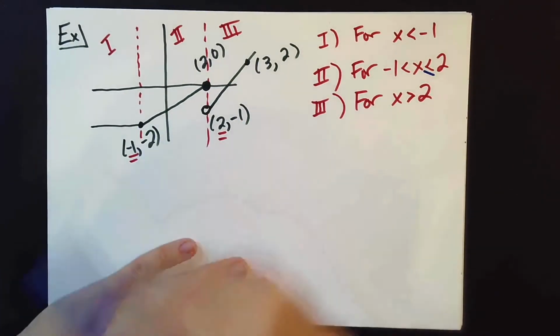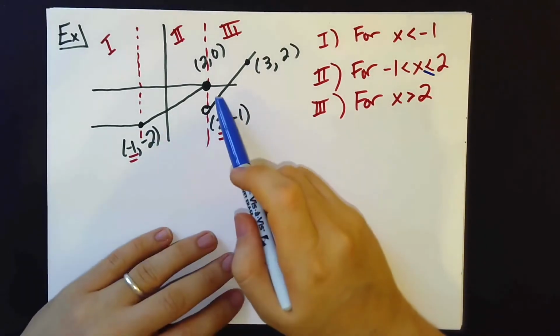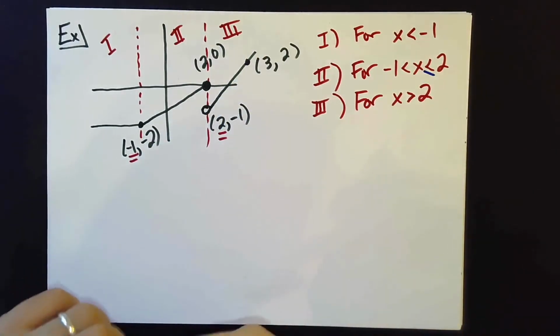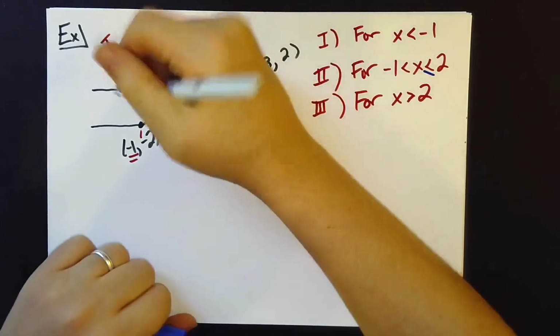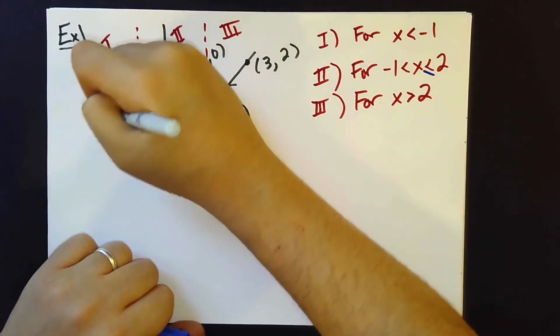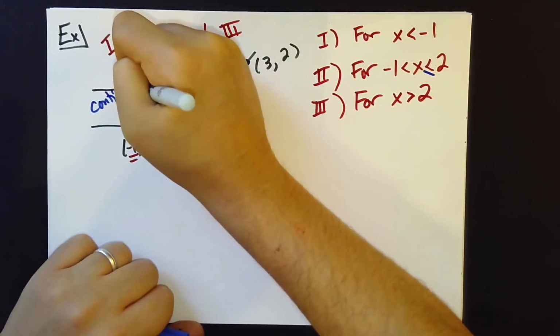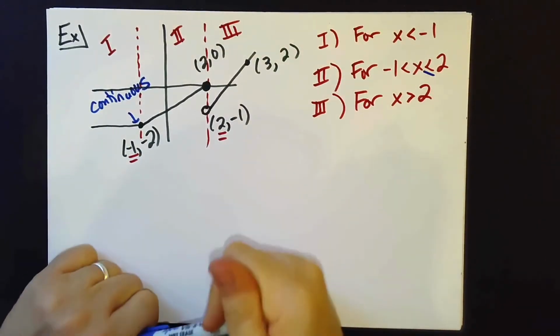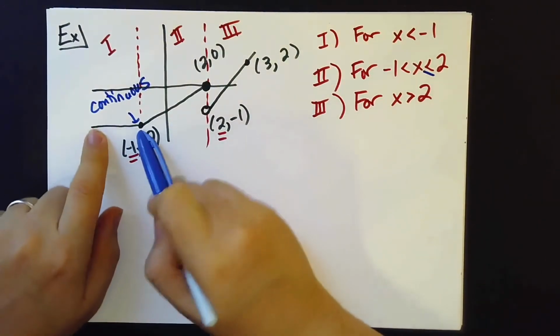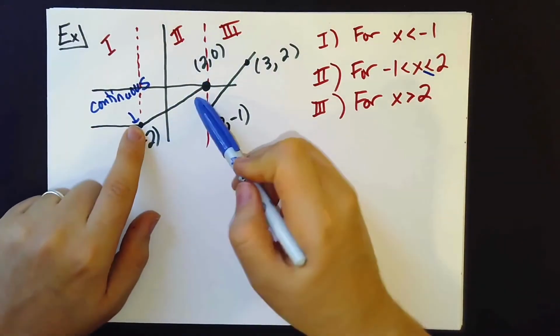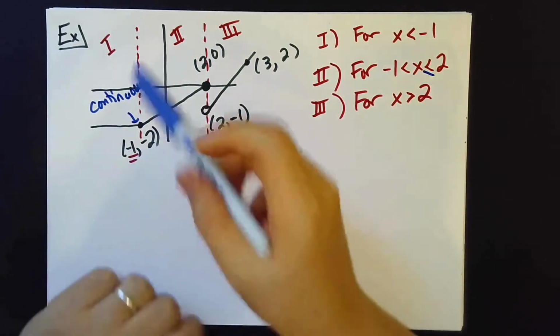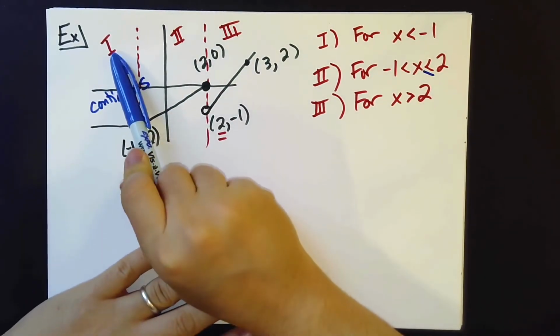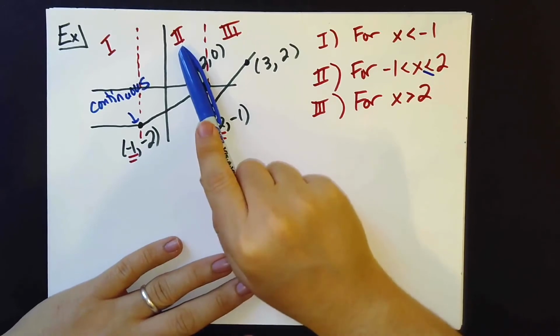Well, here something very different happens, and that is that the function here is, as we said before, continuous. That means that if you use the left function, you would get the same answer as if you use the right function. I could use piece 1, or I could use piece 2.